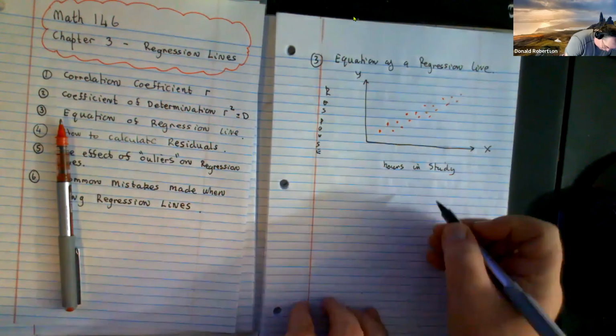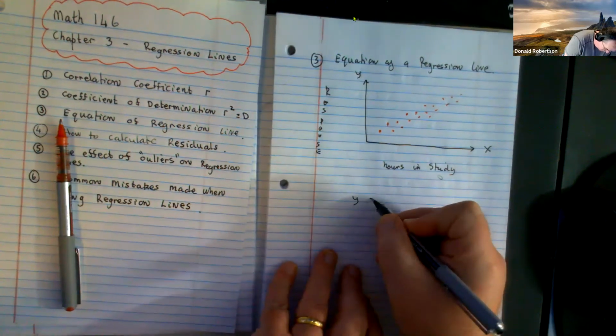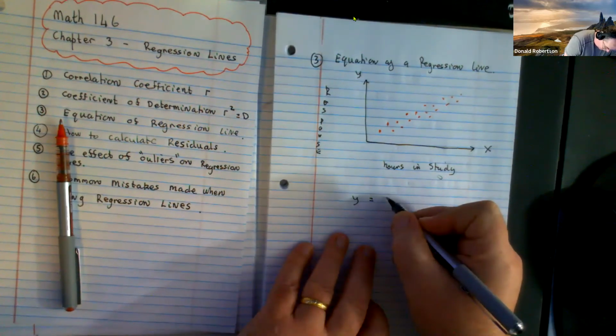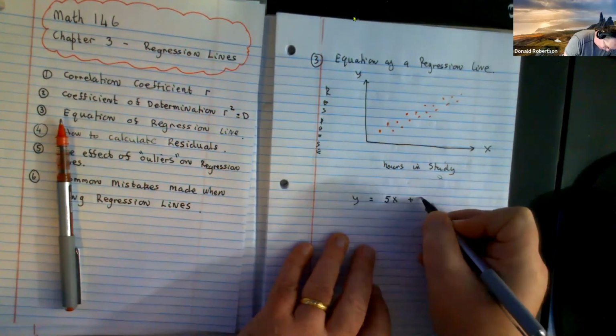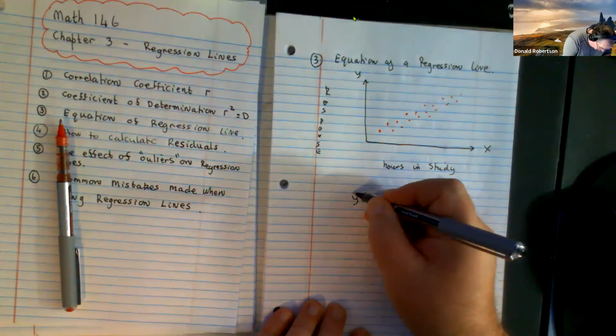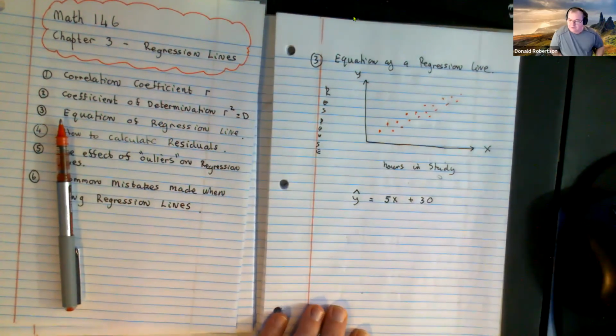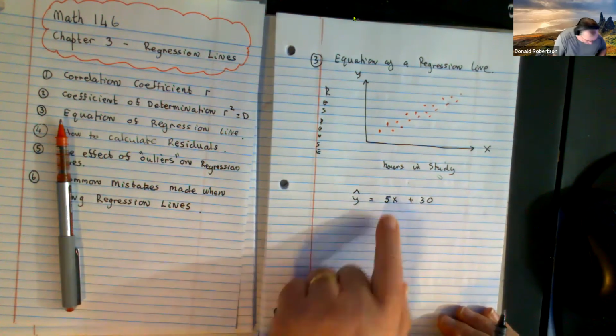Now, you would have an equation. If you were doing it in mathematics, the equation might look something like this: y equals 5x plus 30. Let's just say that as an example. We would call it y hat, and that's predicted y, but we wouldn't even typically, although sometimes they do, use x's and y's.